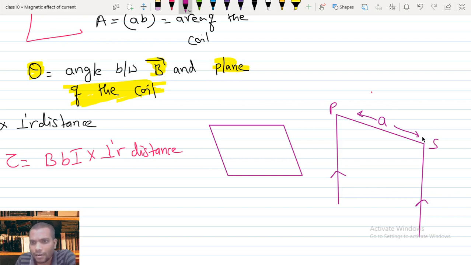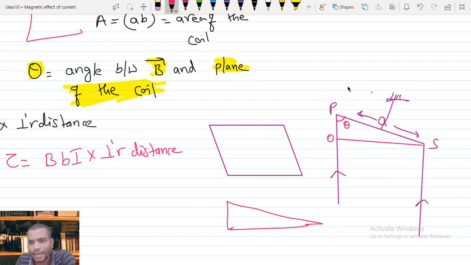Here it is already having a fixed support, and on the fixed support it is rotating. Suppose I take a parallel which is exactly here, which I need to measure, and consider this as theta. Now from right triangle POS, I got one right triangle.